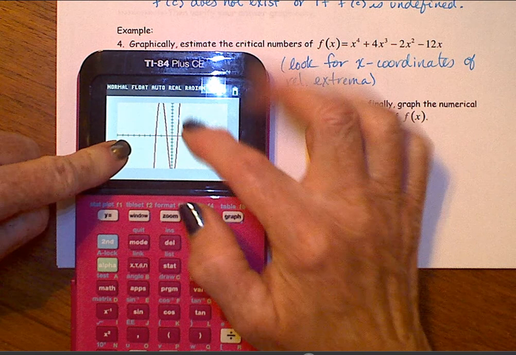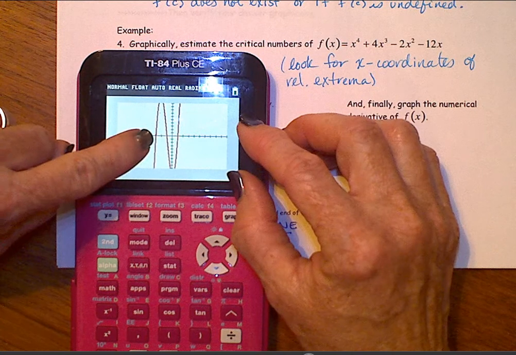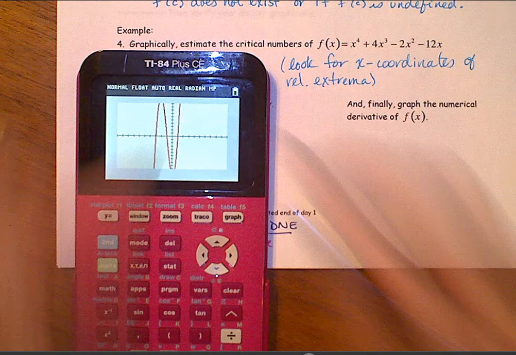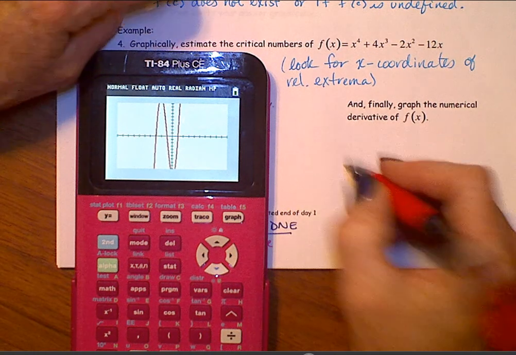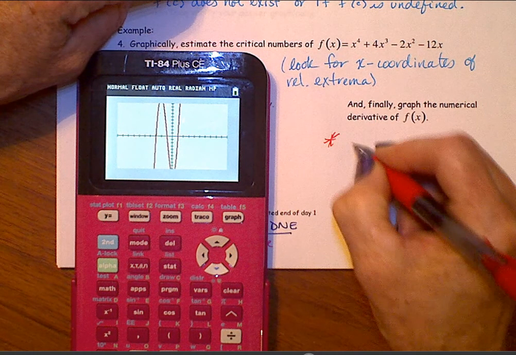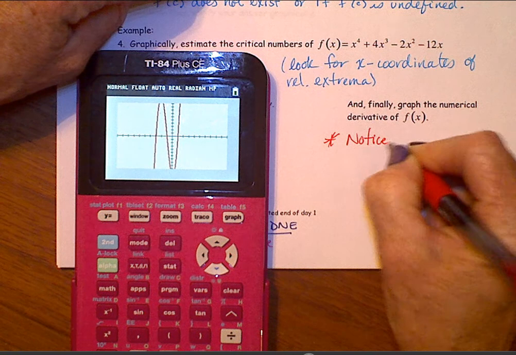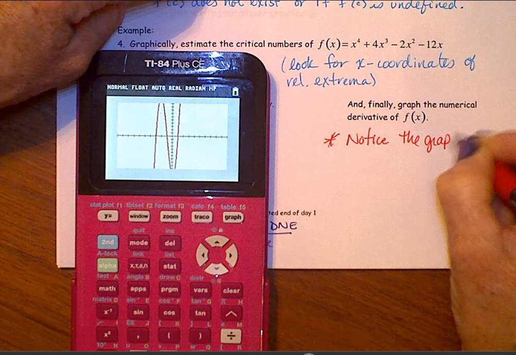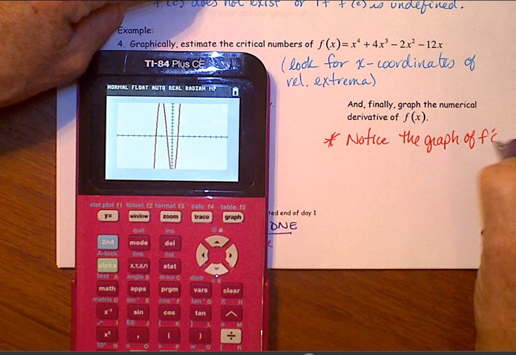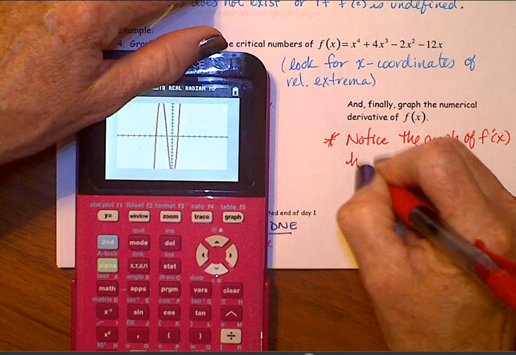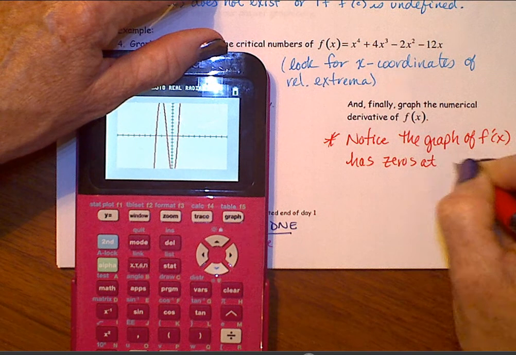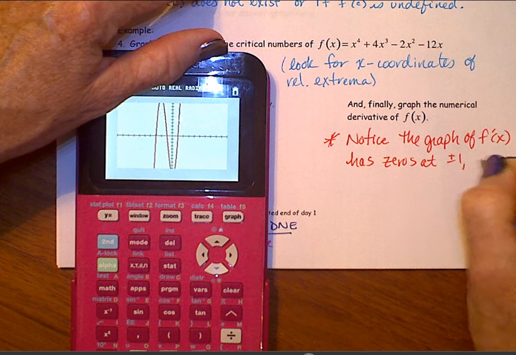Notice that the graph of the derivative has zeros at -3, at -1, and at 1. That's one of the big things I wanted you to notice. Notice that the graph of f prime of x has zeros at plus or minus 1 and -3.